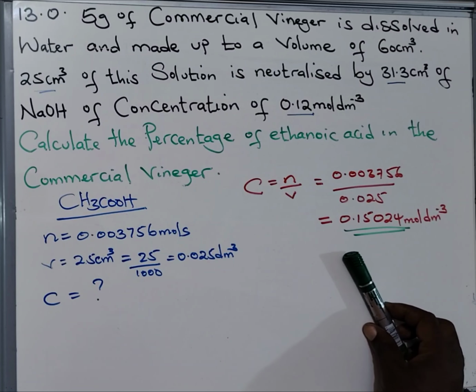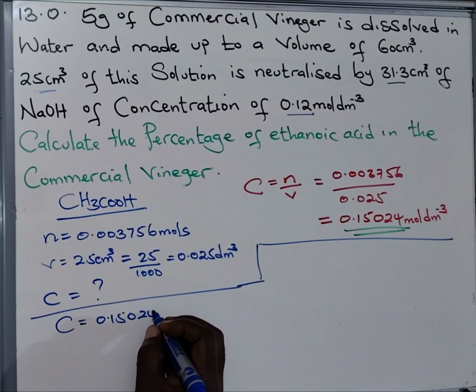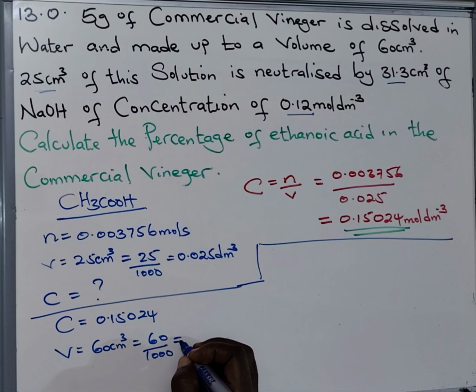Here, you quote the concentration. What is it? 0.15024. You quote the volume, which is 60 cubic centimeter. This one is 60 over 1000 if you want it in cubic decimeter.